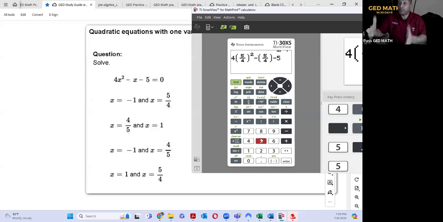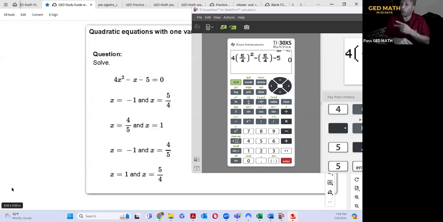All I did was plug in option A, the second option, 5/4, and see if I get 0. Yes, I do. Done. No algebra, no computation, using your multiple choice to solve an equation.